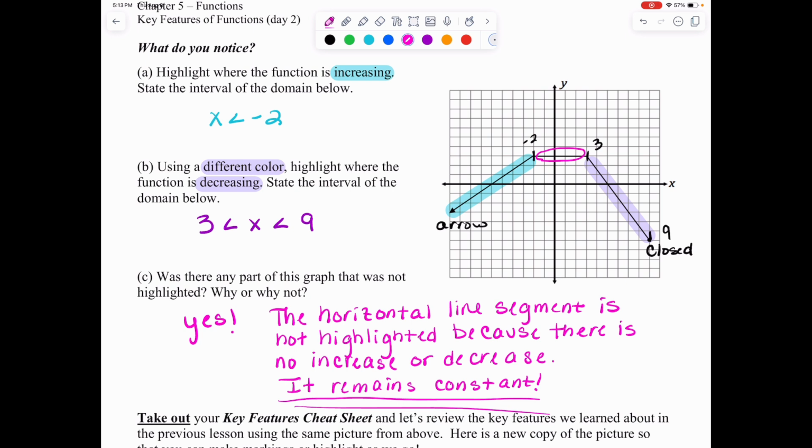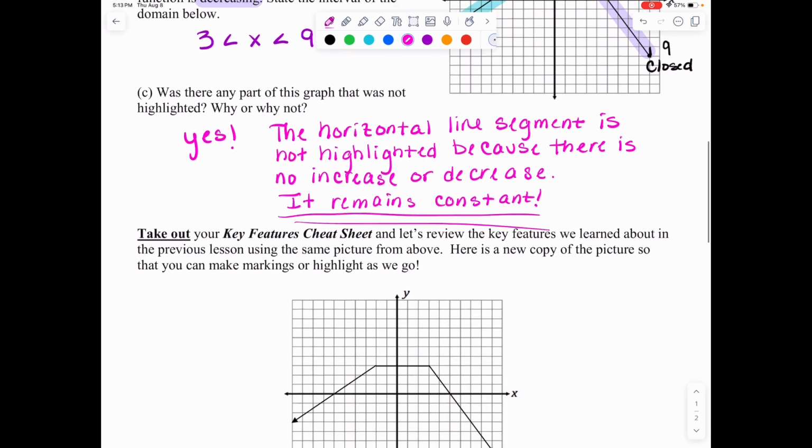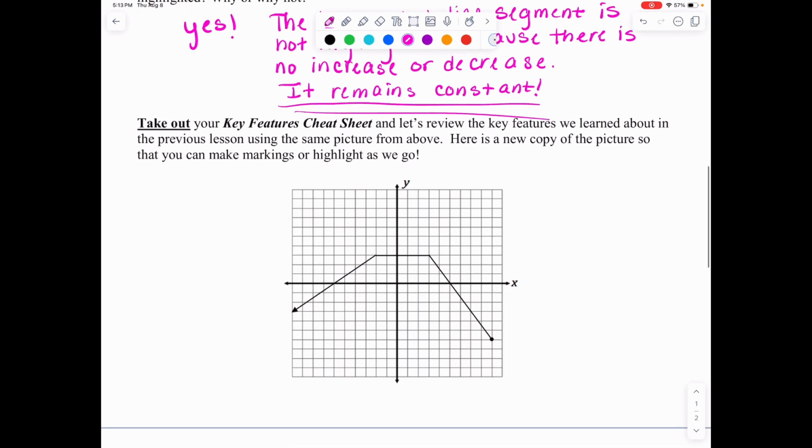We're going to take some time now to do a quick review of our previous information so that you can then practice. At this time, I want you to take out your key features cheat sheet, and we're going to review the key features that we learned about in the previous lesson using the same picture from above. Here's a new copy of the picture so that you can make markings or highlight as we go.